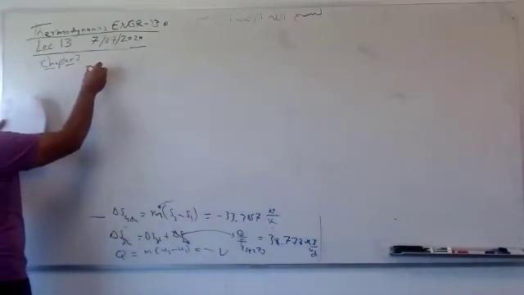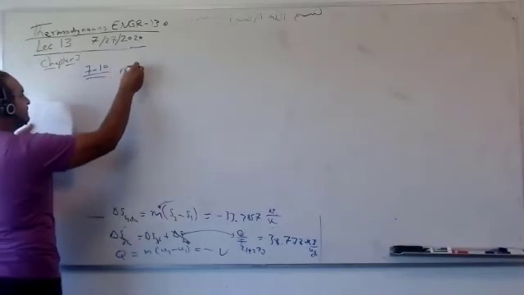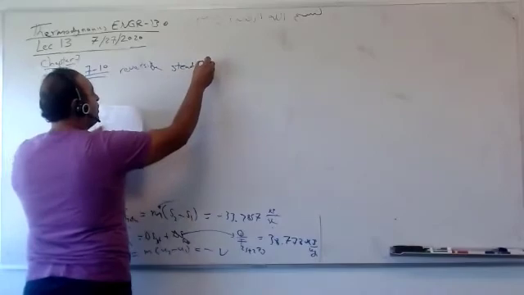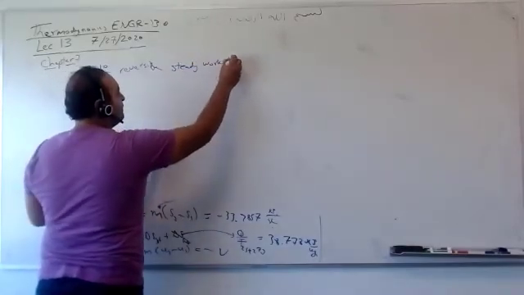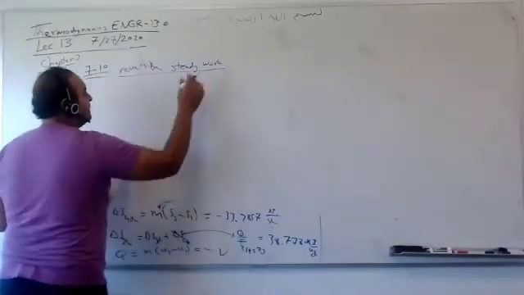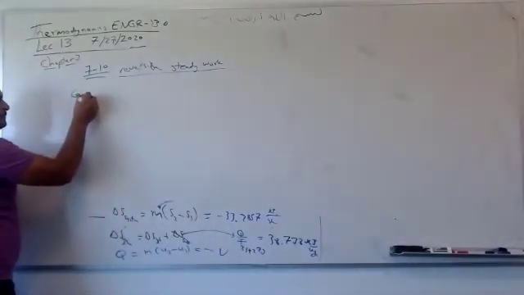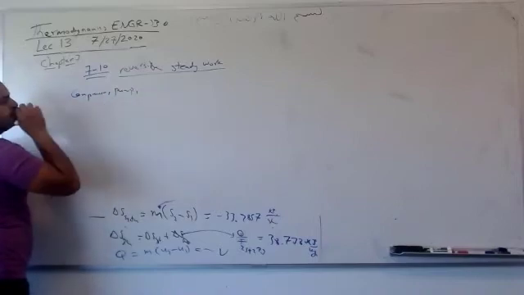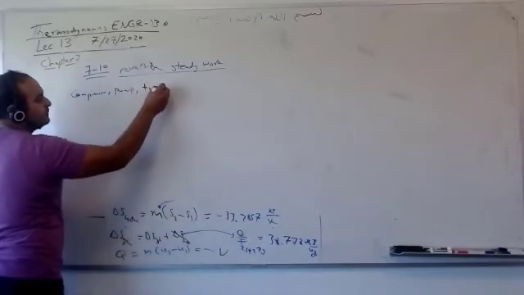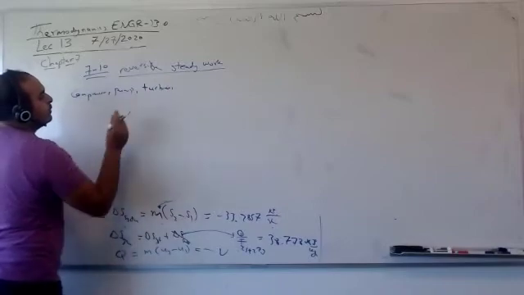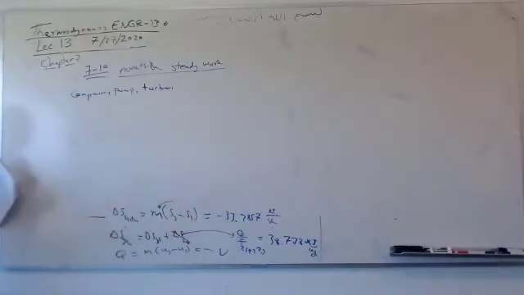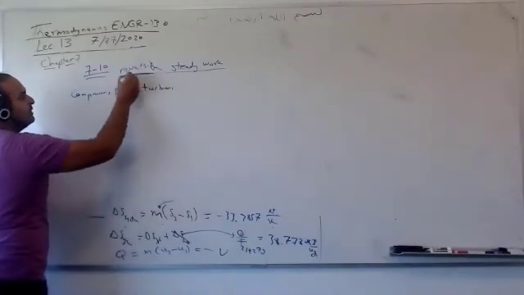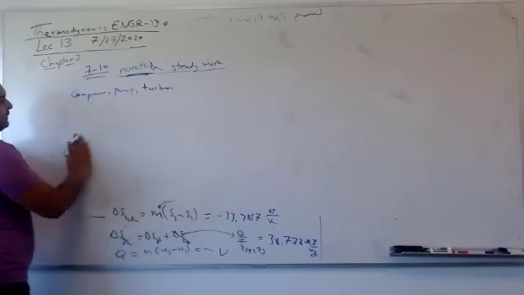Again, 7.10. There is something called reversible steady flow work. Look at this, guys. For compressor, pump, turbine, many components, as long as there is no heat, because they are adiabatic, and also they are reversible, we can assume they are isentropic.